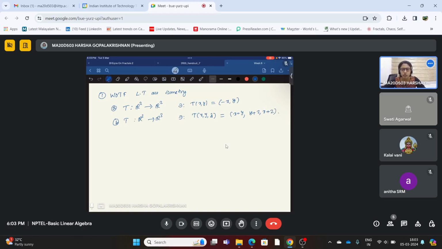Okay. So, what is the definition of isometry, or any other equivalent definition? When will we say T is an isometry?